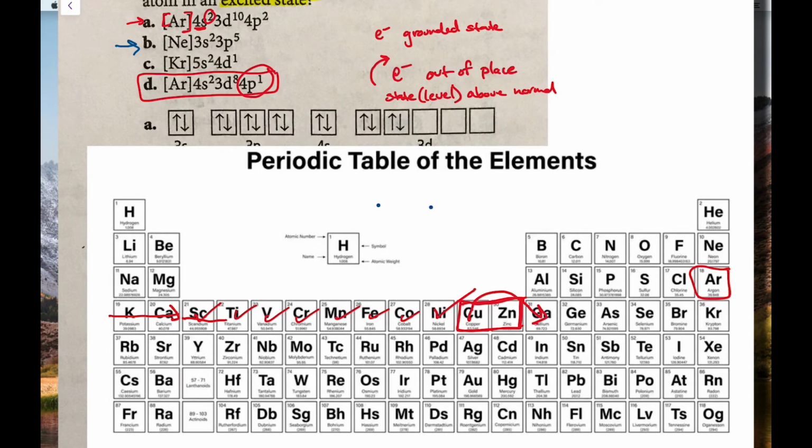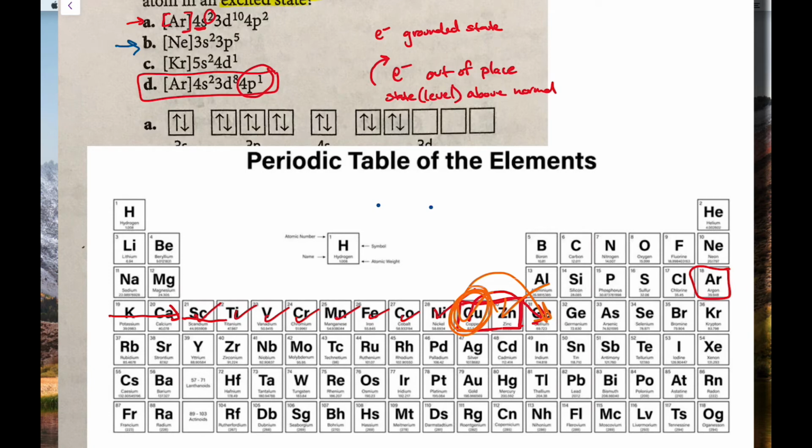So hopefully you recognize that and you saw that. So one of my d electrons, which belongs over here, jumped into a level above it without actually filling out the whole d orbital first, right? So it violated Aufbau's principle, where you're supposed to fill in the lower levels first before you go to the higher levels.